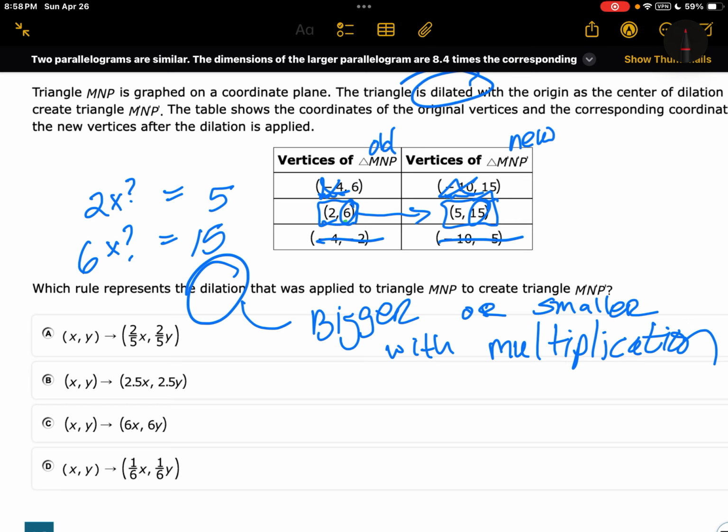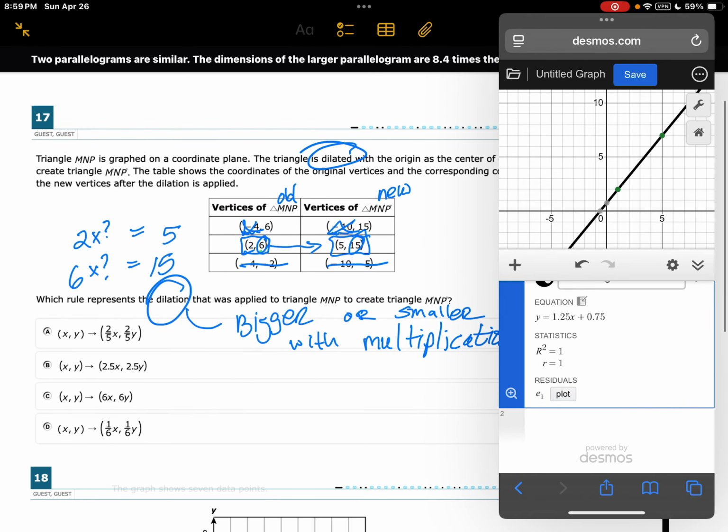Okay, this one is saying when I multiply with 2/5, hopefully we can tell by now that this is actually going to get smaller. But you could check.